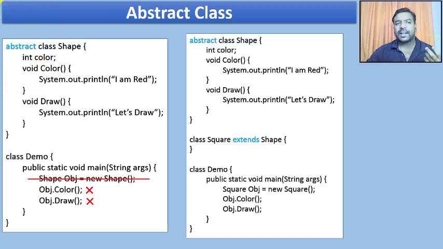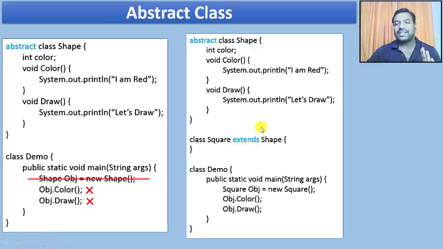When I say abstract class, it is going to hold all the abstract information in the form of methods or details. If you want to make use of this abstract class, then you should do something like this. You need to extend it, you need to have the inheritance concept. We'll make the abstract class a superclass right now, and we are going to create one more subclass called Square.